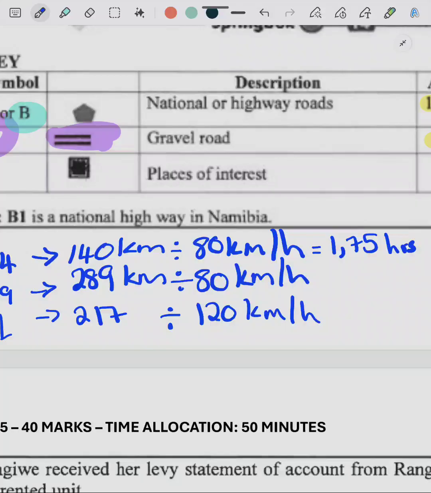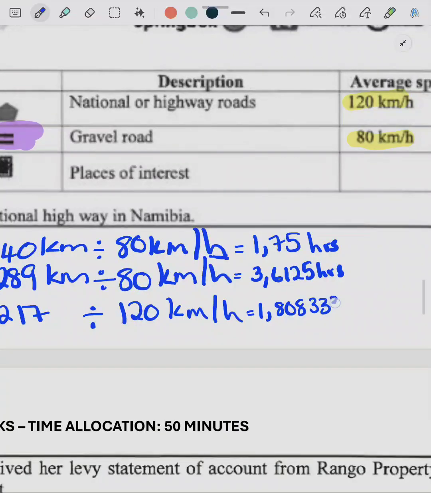Remember, I know my time is going to be in hours because this is kilometers per hour. The second one is going to give me 3,6125 hours. And the third one is going to give me 1,8083, and then it keeps going quite a bit longer, but I'm just going to do that, hours. So those are my three different times for the different roads that she was on.